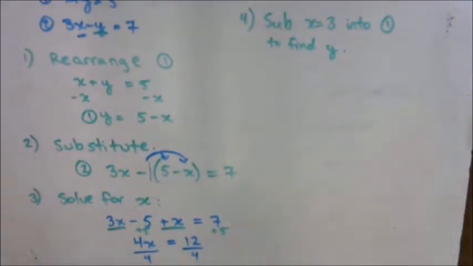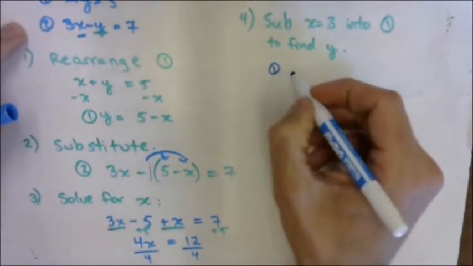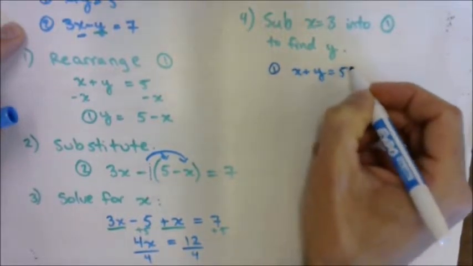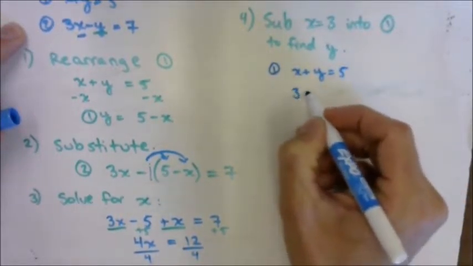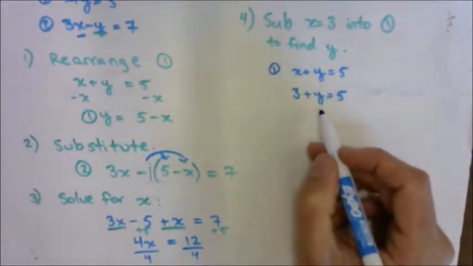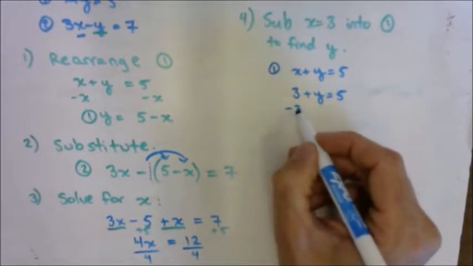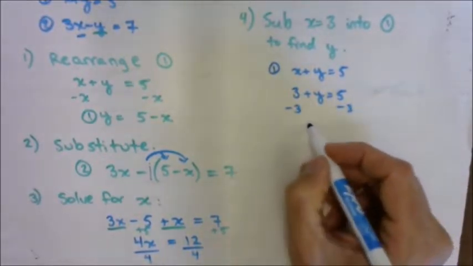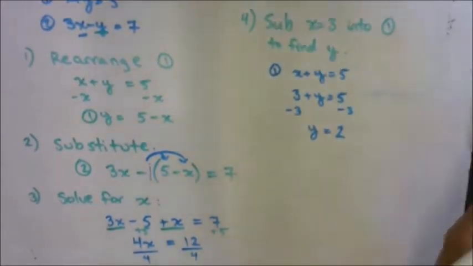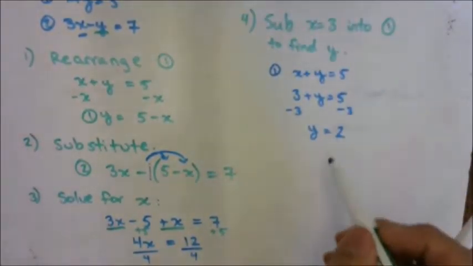So here we go. We've got equation 1. We've got x plus y equals 5. We know x is 3. So now in order to find out what y is, we just need to subtract 3 from both sides. Y equals 2. So we think that our x is 3 and our y is 2.